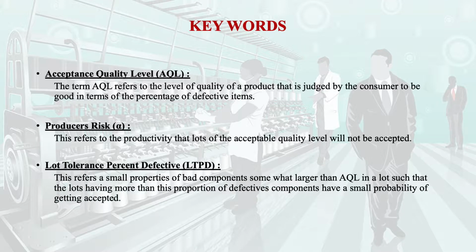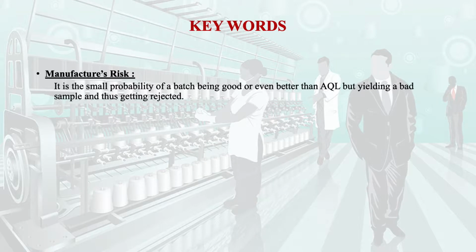Lot tolerance percentage defective, or LTPD, refers to a small proportion of bad components somewhat larger than AQL in a lot, such that lots having more than this proportion of defective components have a small probability of getting accepted. Manufacturer risk is the small probability of a batch being good, or even better than AQL, but yielding a bad sample, thus getting rejected.